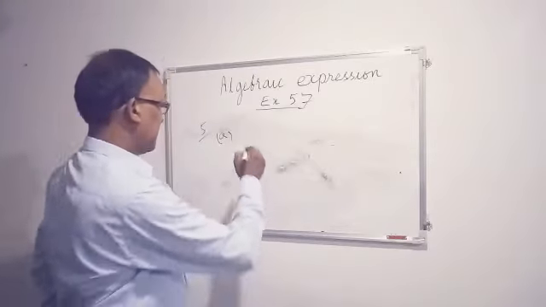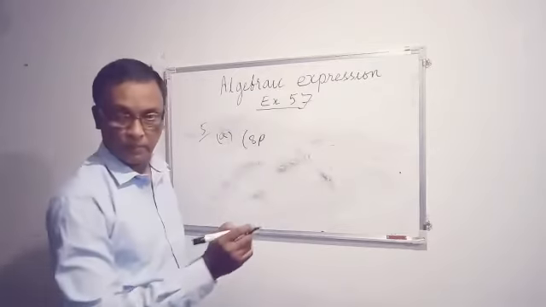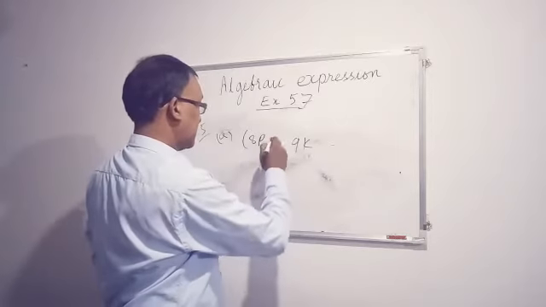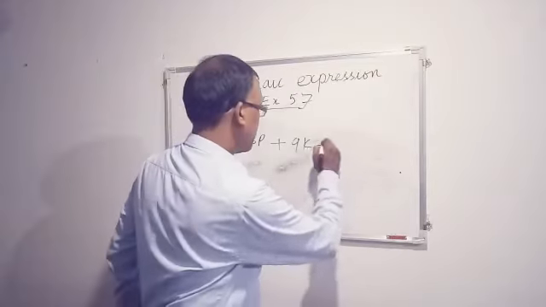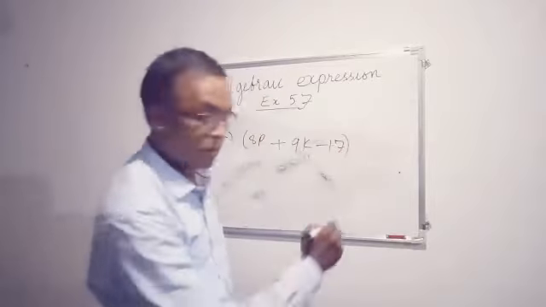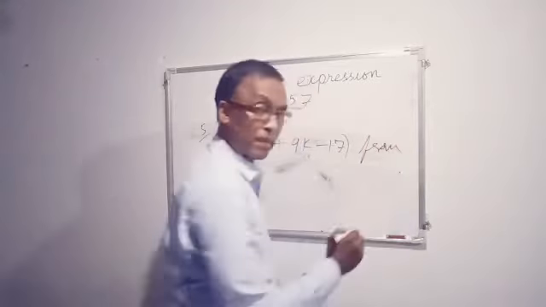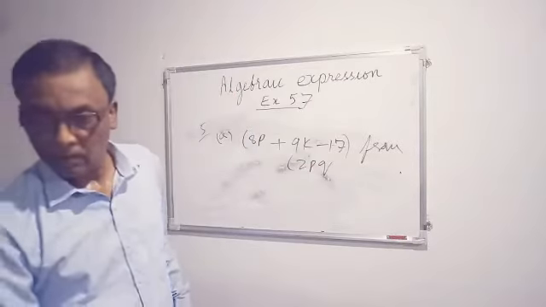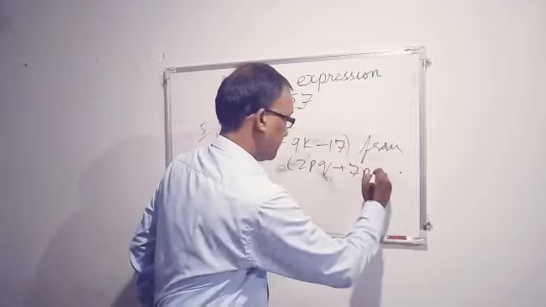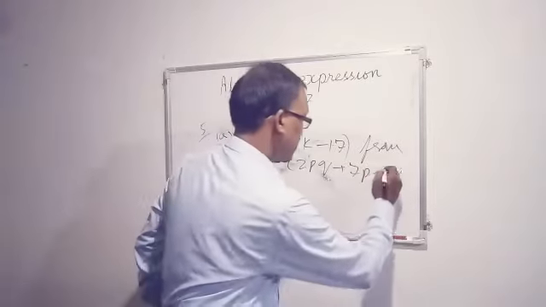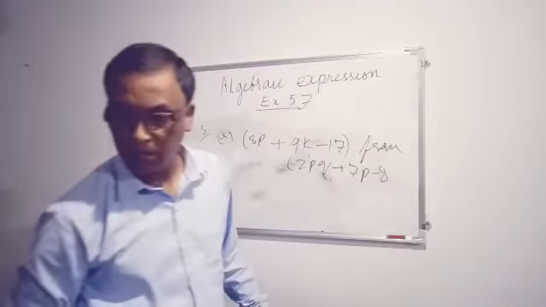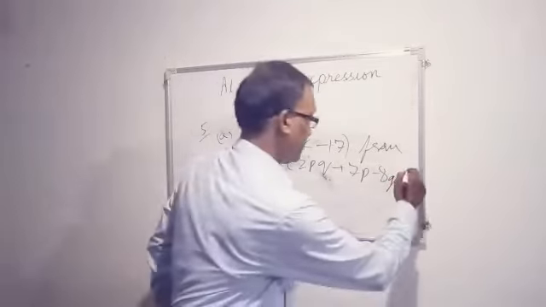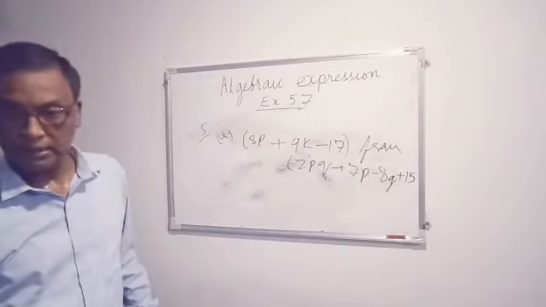Subtract 8p plus 9k minus 17 from, clearly mentioned, that means they are mentioning from what? 2pq plus 7p minus 8q plus 15. I think it is clear.